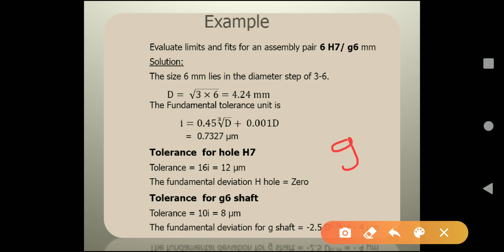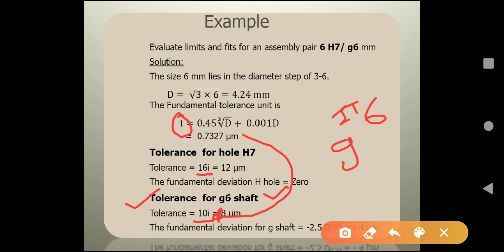Small g indicates the type of shaft, and 6, that is IT6, is given in the standard chart. You can see here 10I. As per the chart, for the shaft it is given as 10I. The value of I we have calculated here, so directly we will put this I here.